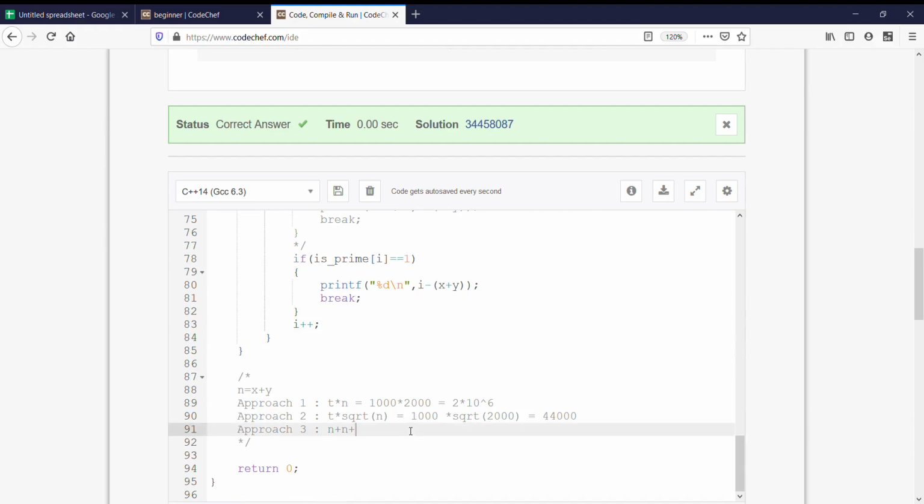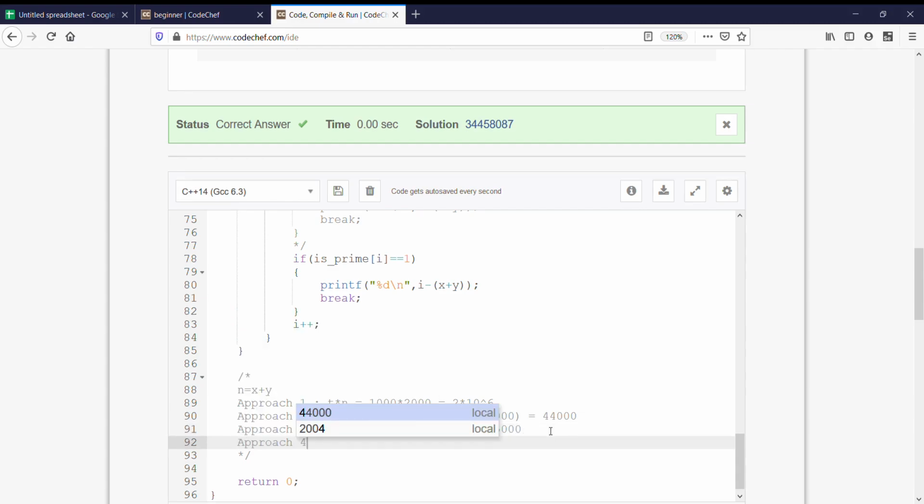Then for t test cases we find the answer. So our approximate complexity for the worst case would be 2000 plus 2000 plus 1000, which is 5000. It is very small compared to 44,000. Now approach 4.